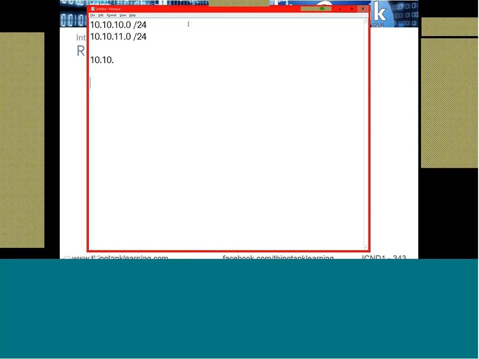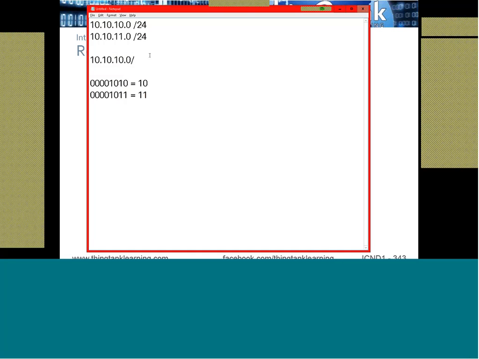Now, if I look at the third octet, 00001010 equals 10, and 00001011 equals 11. You guys follow me? What are the common bits between both of those numbers? The first 7 bits. Those are common between both numbers, aren't they? So my summary would be the least common denominator, which is 10.